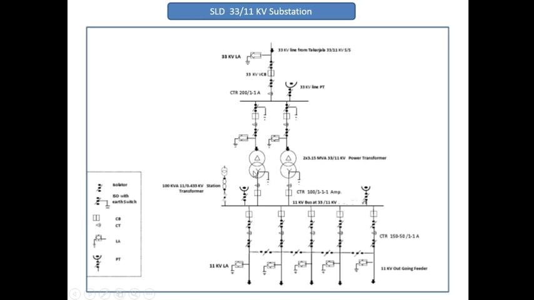This is the power transformer, and this is the CT, and this is the breaker, and this is the 11 kV bus bar, and this is the PT, potential transformer, and this is the 100 kVA 11 upon 440 volt station transformer, and these are the outgoing feeders 1, 2, 3, 4, 5 feeders, and this is the breaker, isolator, CT, isolator, this is the lightning arrester and outgoing feeders.